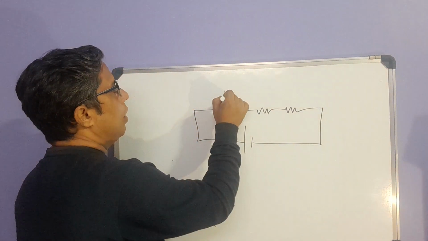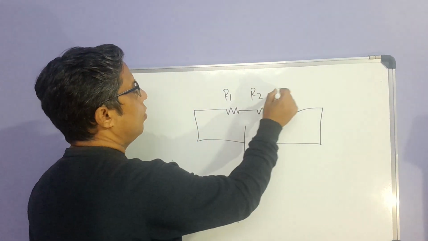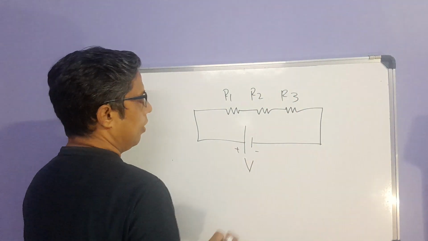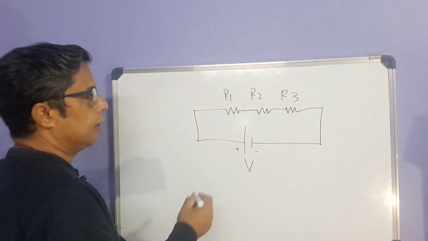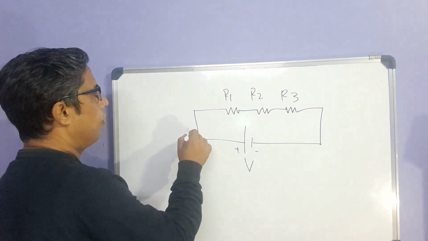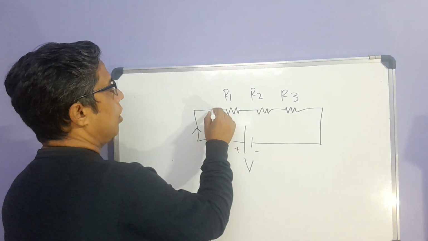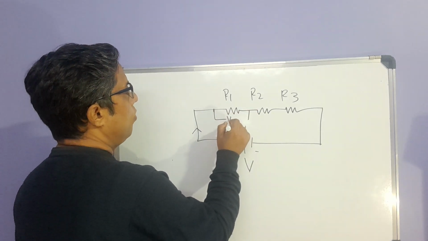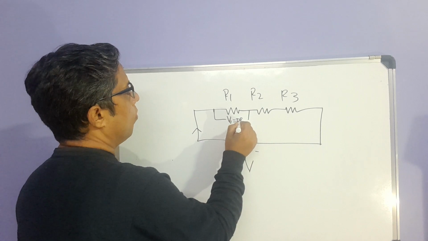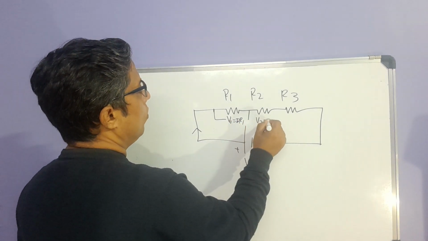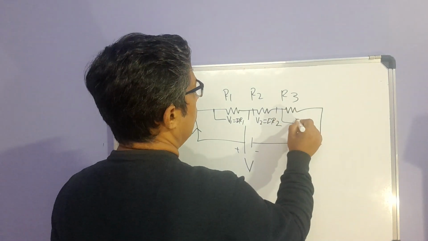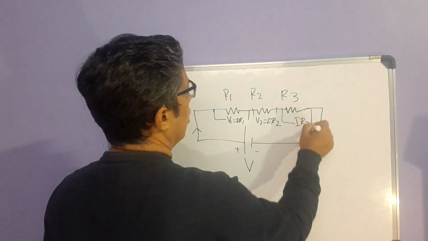So let's say this is R1, this is R2, this is R3, and this is the voltage V in the circuit. Now current will flow in this direction. So what are the voltage drops here? The voltage drops will be V1 is equal to IR1, V2 is equal to IR2, and V3 is equal to IR3.